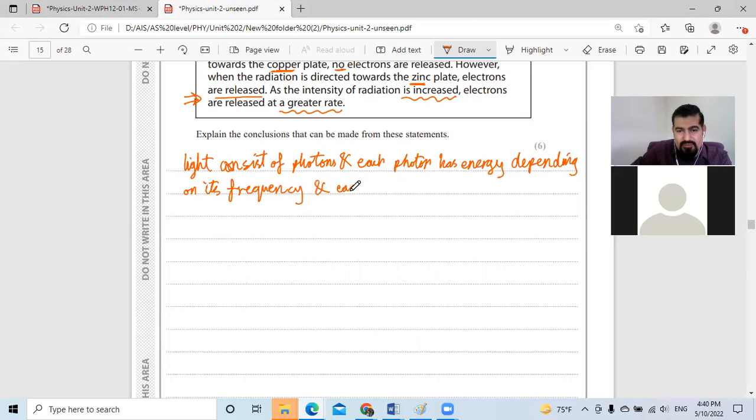And each photon interacts only with one electron.